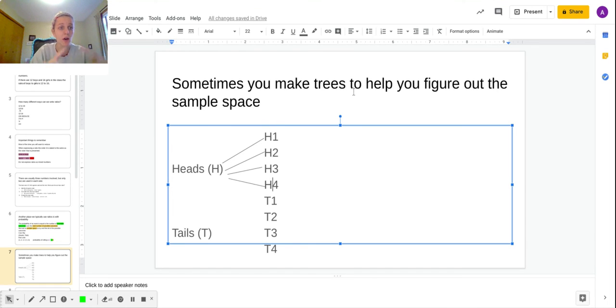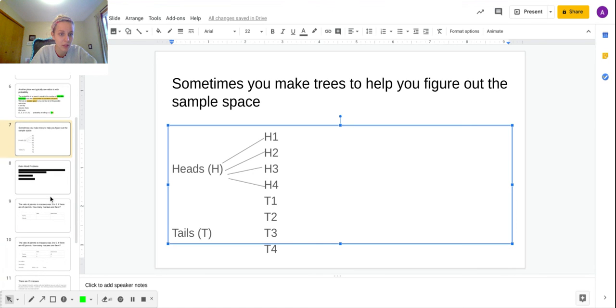If you were trying to figure out what color socks, shirt, and shorts am I going to wear today, and you had like 4 different options, that could be a really big tree. We could do the sample space for that. But right here, our sample space is H1, H2, H3, H4, T1, T2, T3, and T4. So there's 8 different options that could occur in this experiment.